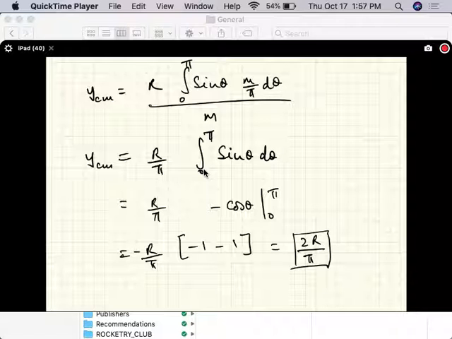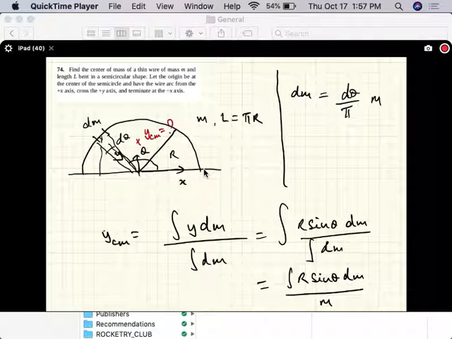So there's the center of mass: 2r by pi. 2 over pi is a number less than 1. Pi is roughly 3, so 2 over pi is roughly 2/3 r, and that's a good thing because that means y is within this thing. So that's 2/3 r roughly.